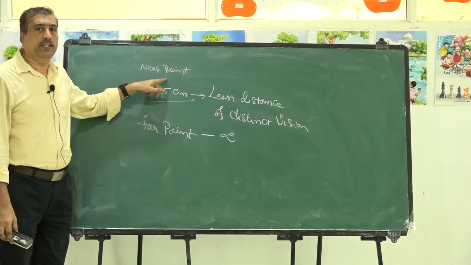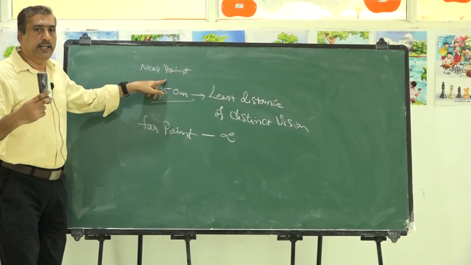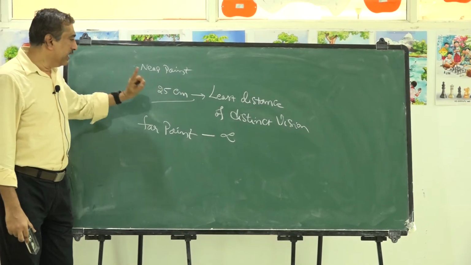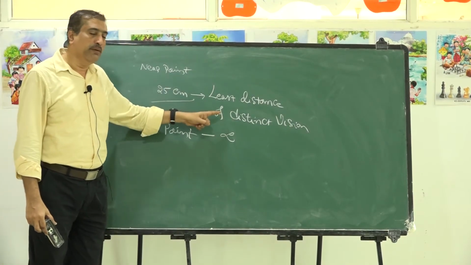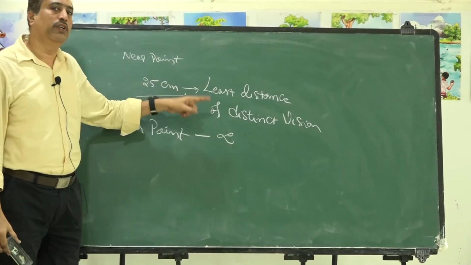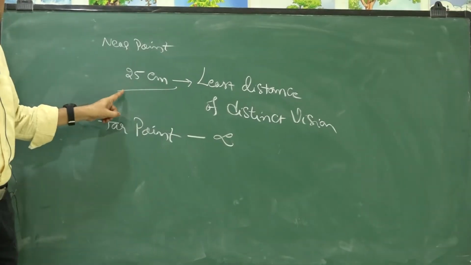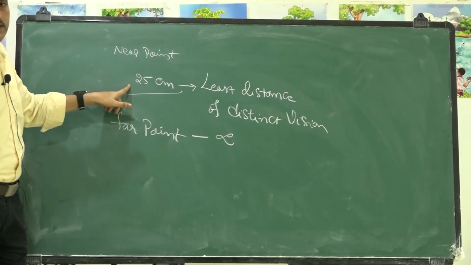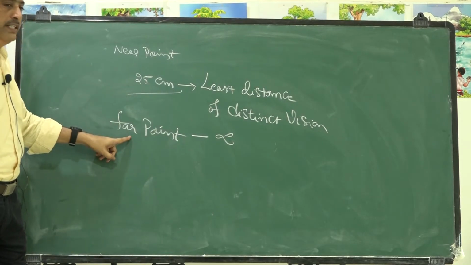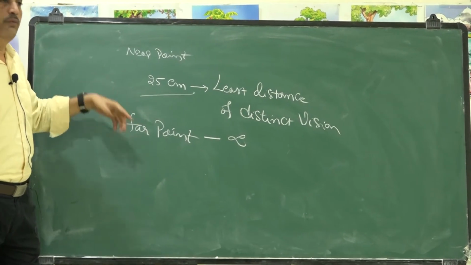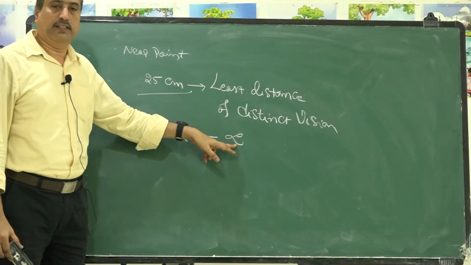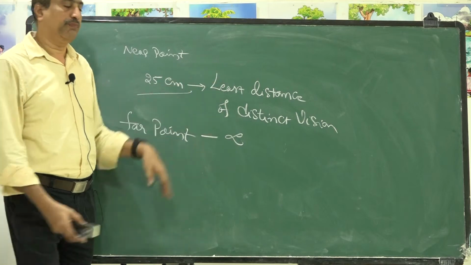The near point is the distance near to the eye at which we can observe an object clearly, the least distance of distinct vision is about 25 centimeter, and the far point is the farthest distance at which we can observe an object distinctly, theoretically equal to infinity.